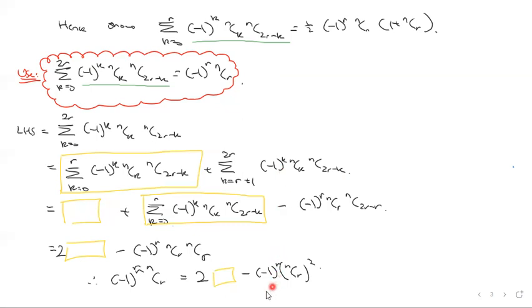All we need to do now is rearrange to make yellow the subject. So move this across. So in other words, you'll have -1 to the r nCr plus (-1 to the r nCr) squared equals 2 times the yellow.